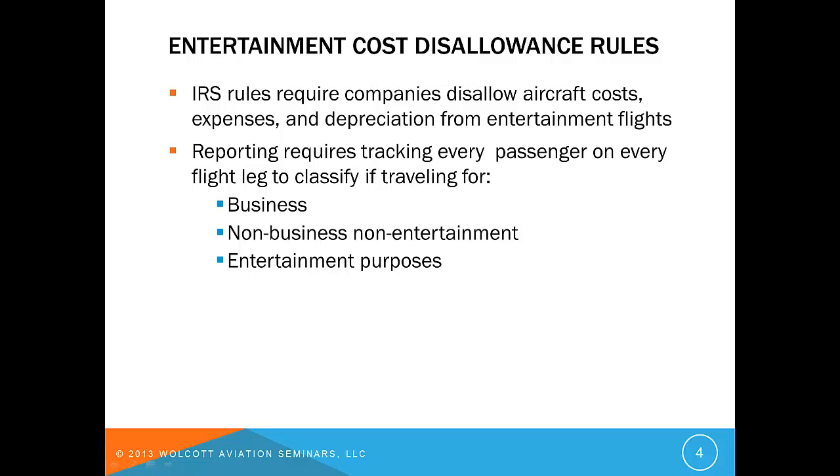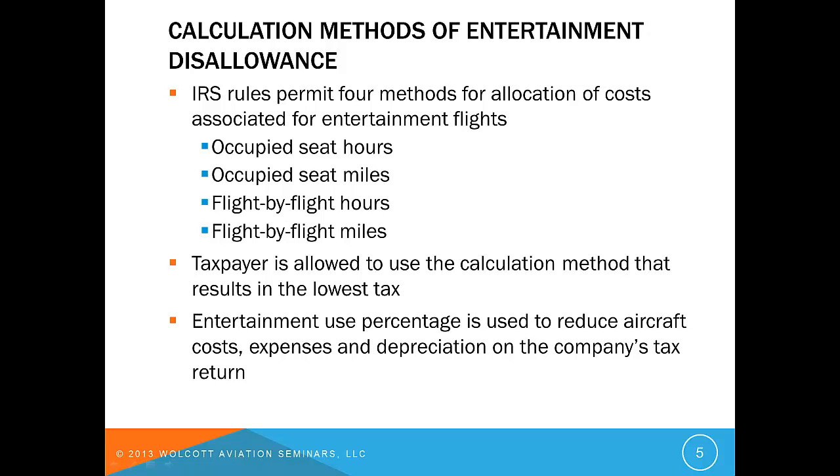Reporting requires tracking every passenger on every flight leg to classify if that passenger is traveling for business, non-business, non-entertainment, or entertainment purposes. Now, the IRS rules permit four methods for allocating costs associated with entertainment flights.